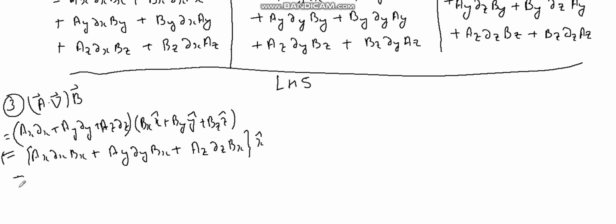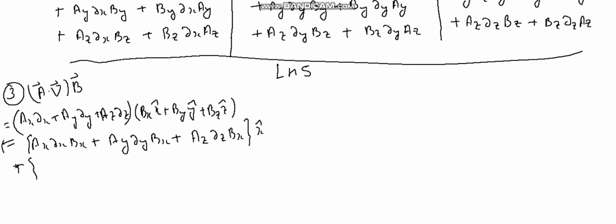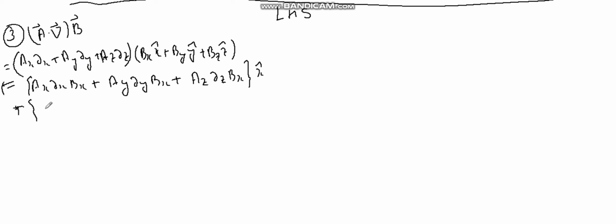Similarly we will have the terms for these. So we have Ay del y, similarly this is going to act on all of these three. So we'll again get del y.